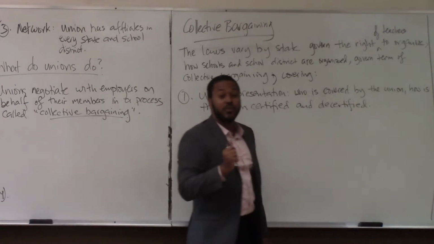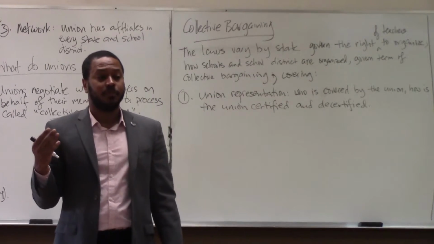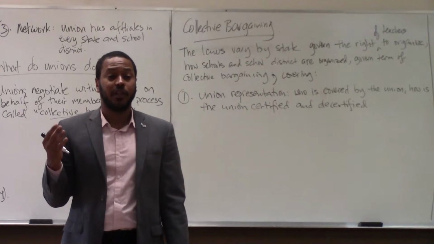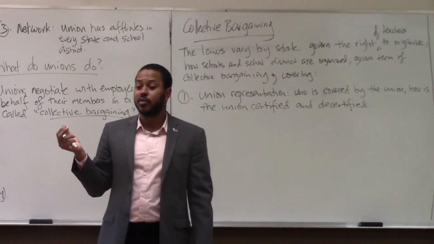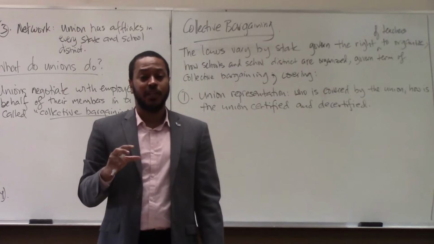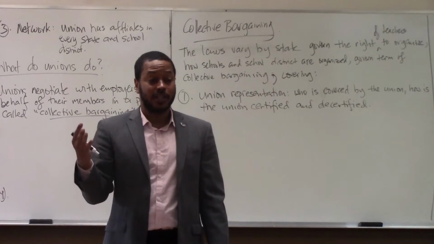How many of you have watched the movie Erin Brockovich? Or any movie where you have a group of people that bring a lawsuit against a pharmaceutical company or a tobacco company. You've heard of a class action lawsuit. The first thing that has to happen is you have to get everybody that's been harmed by this company, and then you have to form a class. The class is the group of people that have been harmed by this company.